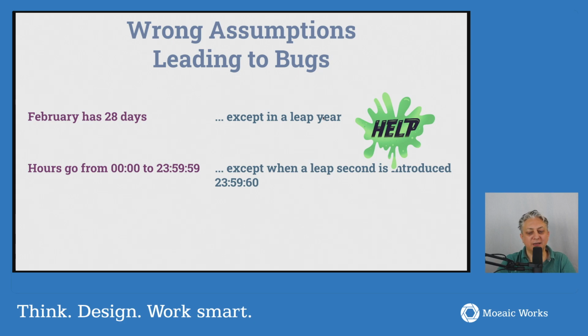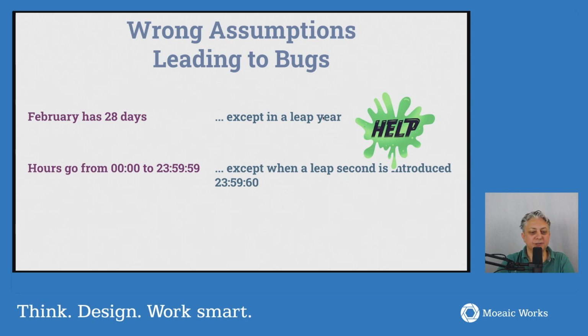February has 28 days except in a leap year, when it has 29 days. Hours go from 00:00:00 to 23:59:59, except when we have a leap second, and then we also have the time 23:59:60. Now, leap seconds are quite controversial, and providers like Google, Microsoft, and Amazon treat them differently.